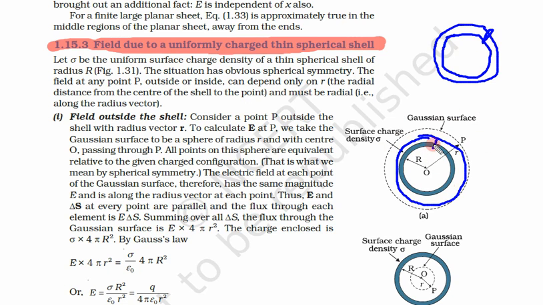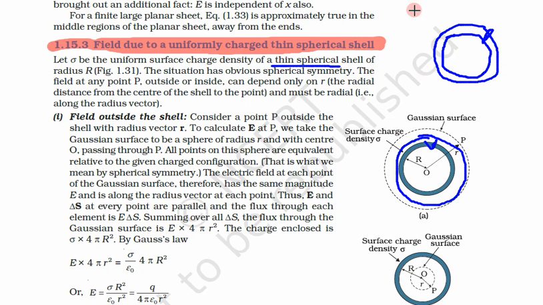This is your shell. So we are taking a thin spherical shell. Thin means its thickness is almost negligible. We don't consider its thickness.